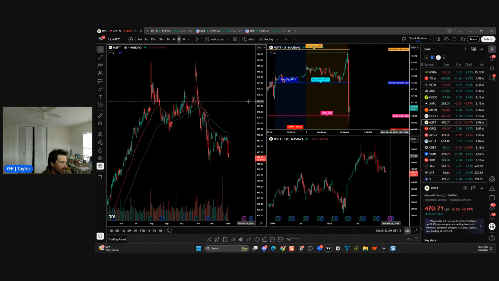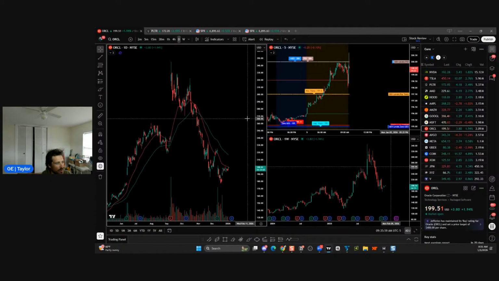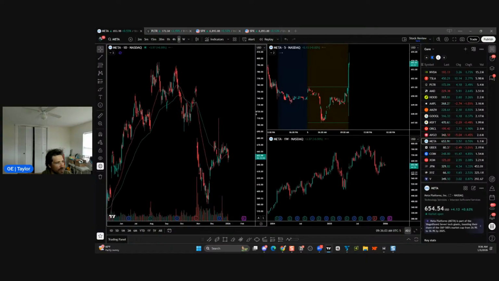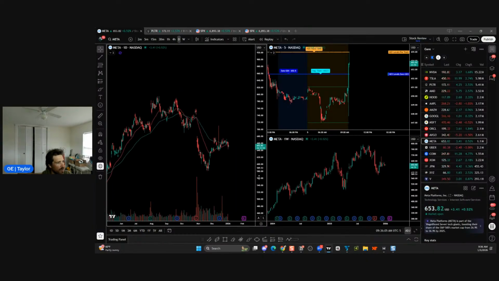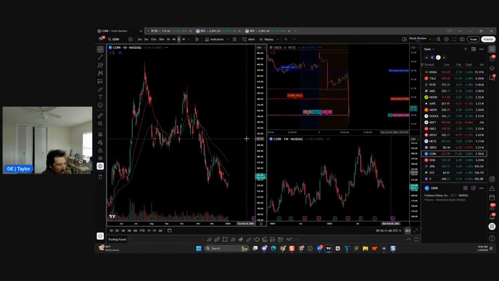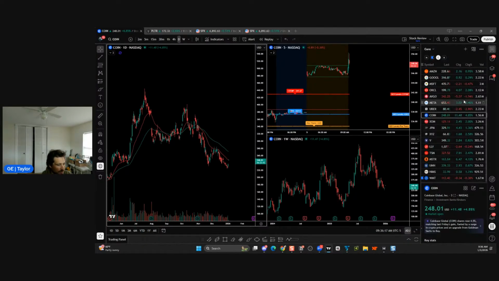Microsoft, that's just super ugly there. Not very interested in that. Oracle, nasty. AVGO, nasty. Meta, nothing to say there, just consolidating right now. Uber looks nasty. Coin, pretty brutal. Obviously having a big gap up today, but it doesn't really matter.